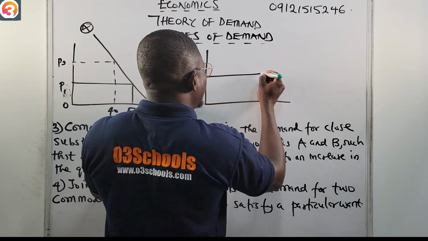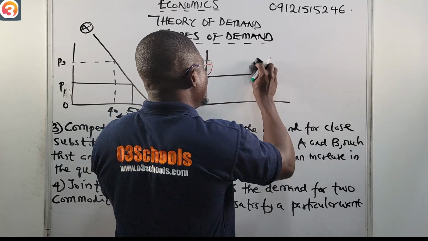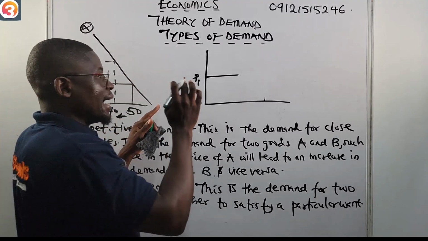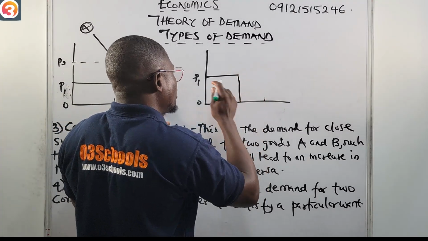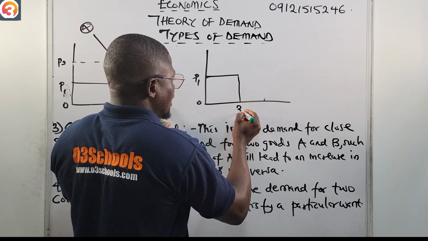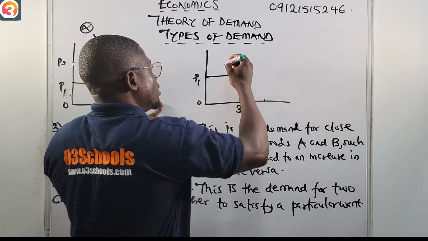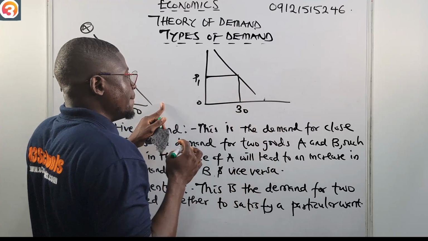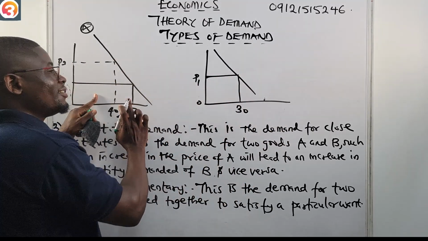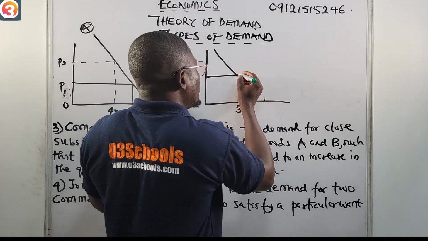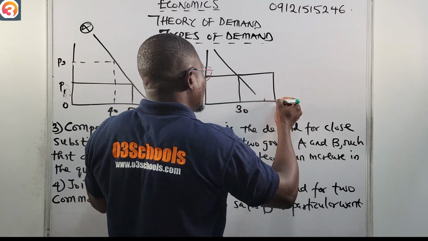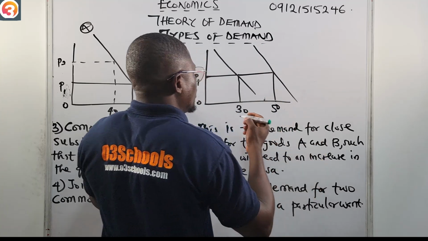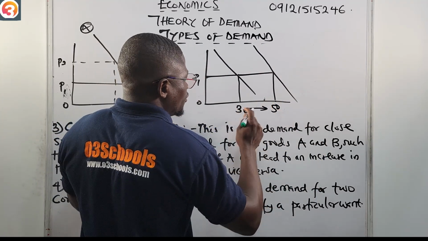Let's say initially, before commodity A increased price, the quantity demanded of commodity B is 30. But when A increases price, the quantity demanded of commodity B will increase. Here will now be 50. So you can see the increase from 30 to 50.